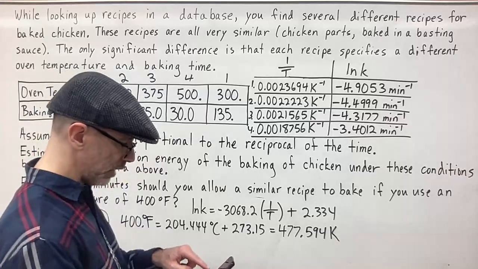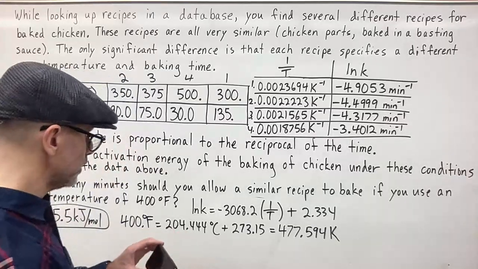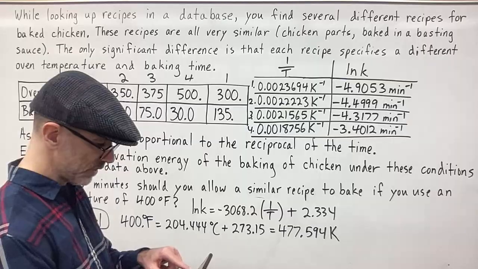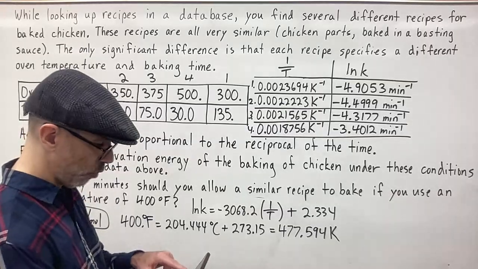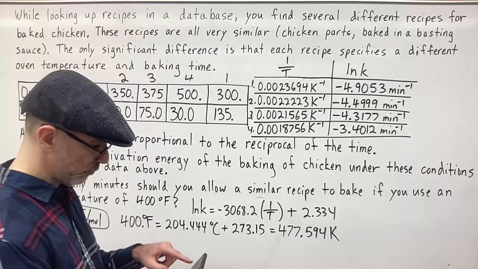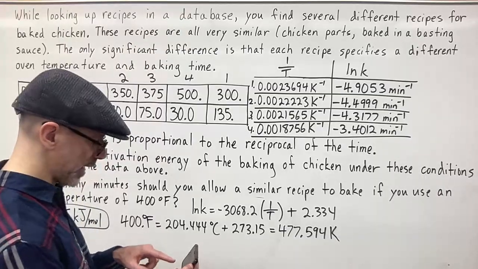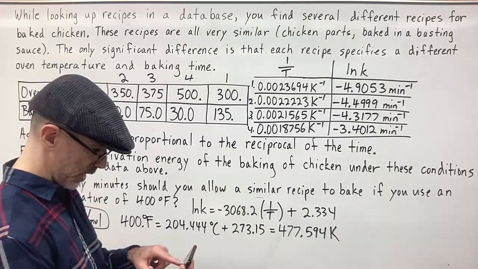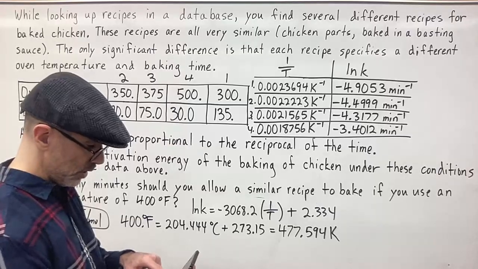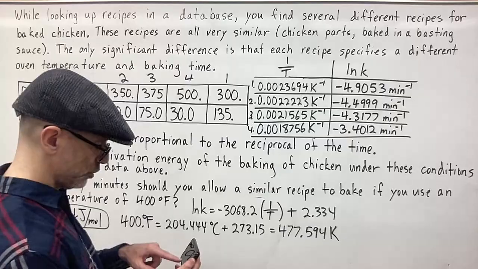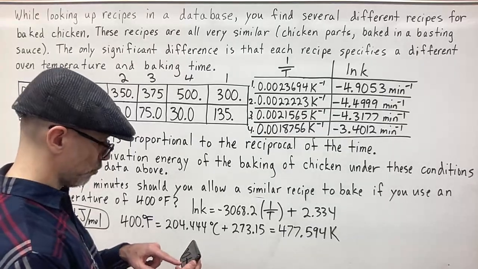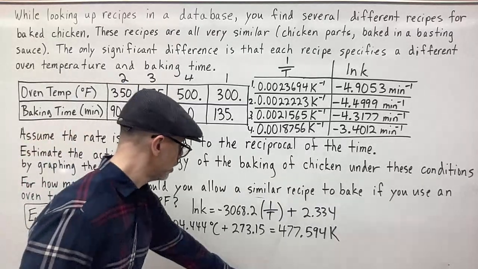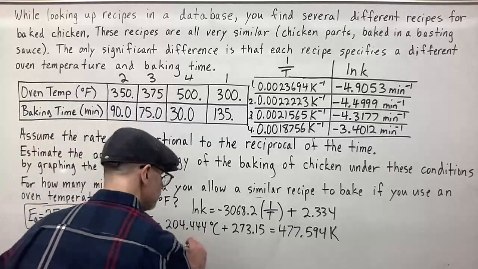So now I'll take my temperature, 477.594, take the reciprocal of that, multiply that by negative 3068.2, and then we're going to add 2.334 equals, and so now I have, for ln of k, I'll write it over here.